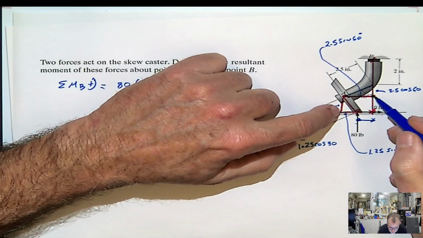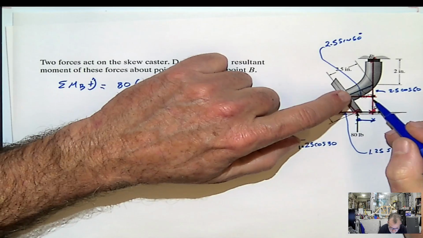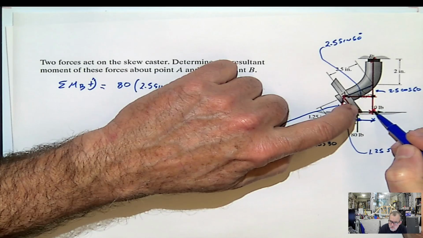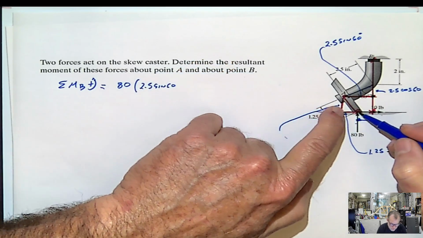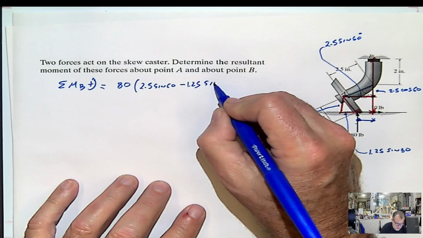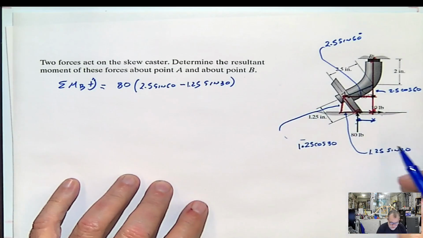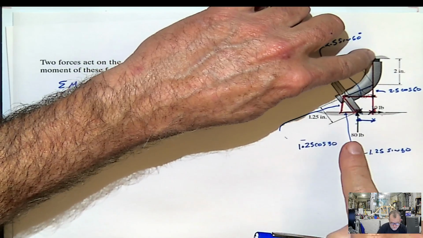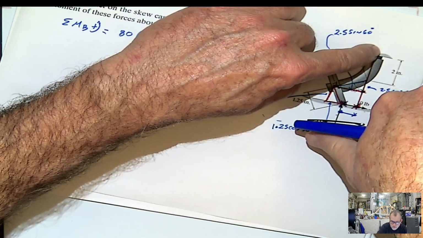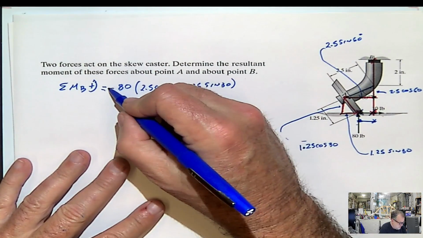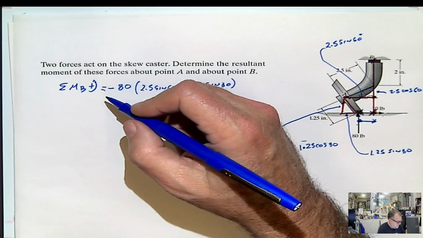Now I have to subtract this one, because if you are here and you subtract this, you get the distance that we're looking for. And this one is what? 1.25 sine 30. That will give us this distance. Point B, force, rotation in this way, clockwise. Clockwise is negative according to our convention.